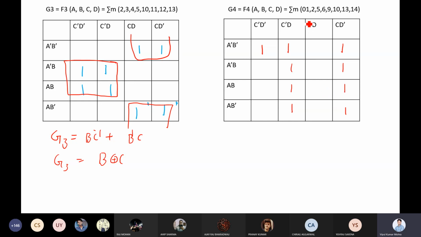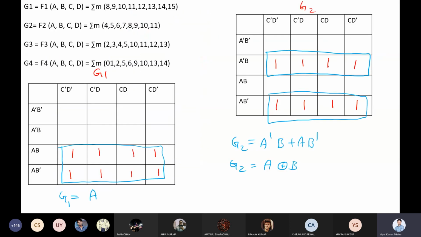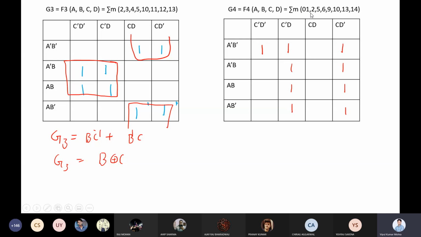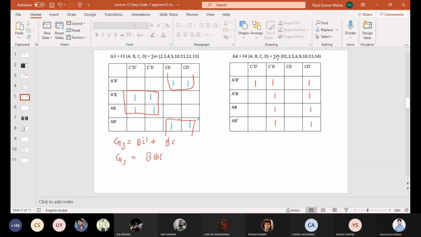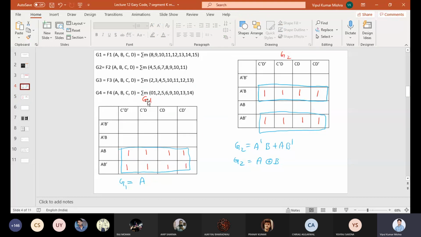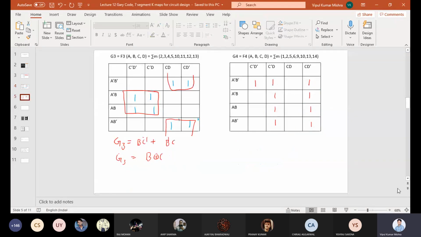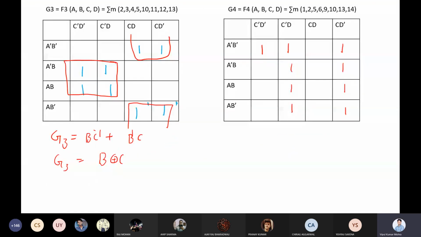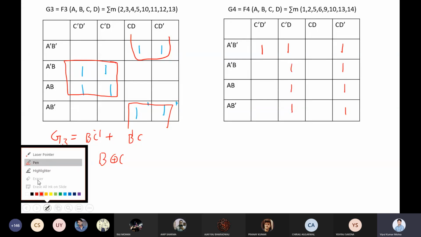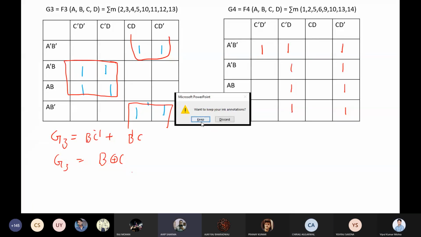I did something wrong. This 0 will not be there. Let me check. Yes, 0 is not there, so it's a mistake. Let me correct it first. This 0 will not be there. It is not here, so it should not be here as well. So in that case, oh sorry, we will not have it. Okay, C XOR D. Yes.